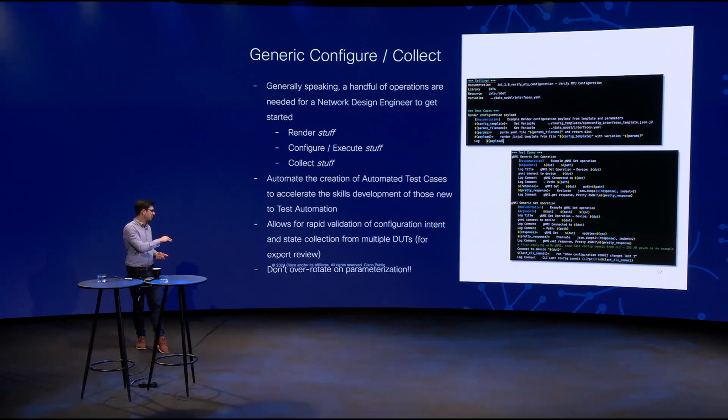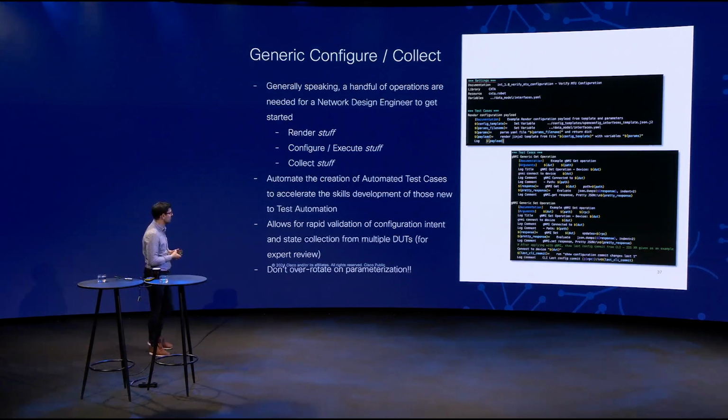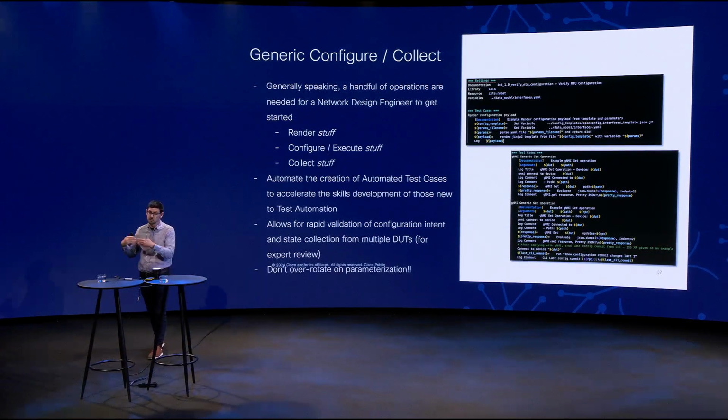A comment on over-rotation of parameterization. Parameterizing is good. It allows for reuse, but it also inhibits readability. So when we were working with some of our customers, we recognized that there's merit in having generic templates with parameters, but actually the test case itself that sits with the test case results should be self-readable.